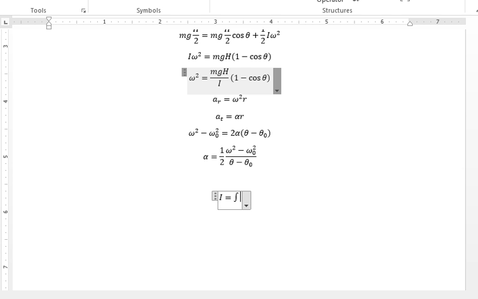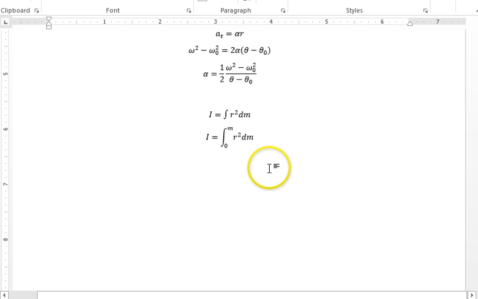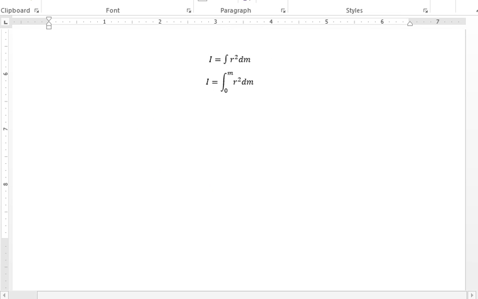Generically, I is the integral of r squared dm. So I equals the integral from 0 to m of r squared dm. Now, we're integrating over this rod. It's spinning about a point at the bottom. If we take a little slice of it, dm, what is dm?